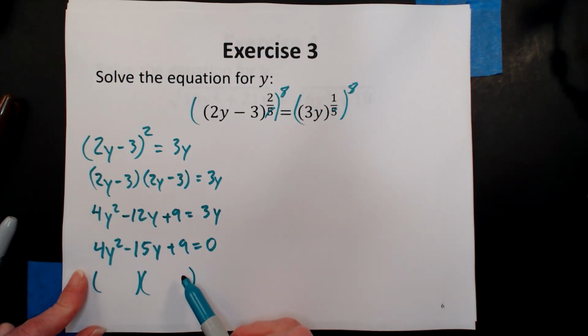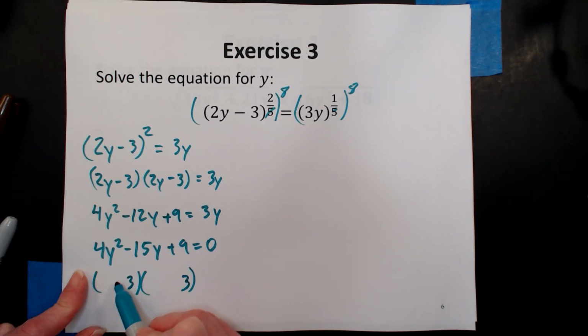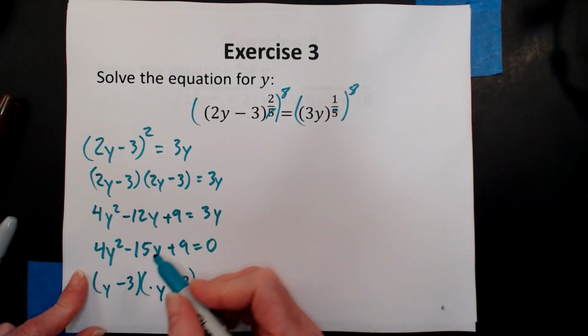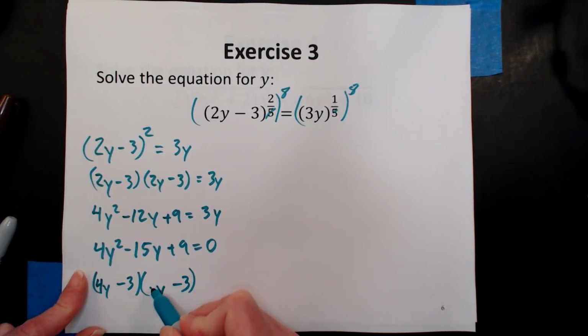Anything with 9 in it may or may not work. I'm thinking it won't work because 4 times 9 is too big, and they need to have the same sign. So I'm thinking 3's are going to be necessary still. They're both going to have to be negative. I'm going to need a y here and a y here. But this 4, I'm pretty sure what's going to happen here is this is going to be 4 and this is going to be 1.